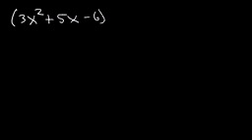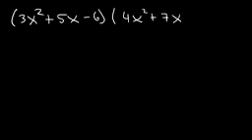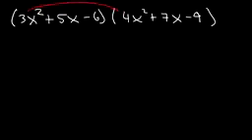Now let's multiply a trinomial by another trinomial. So how can we do this? First, let's multiply 3x squared by 4x squared.